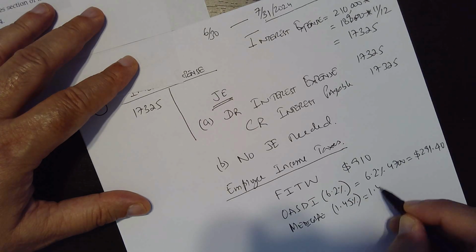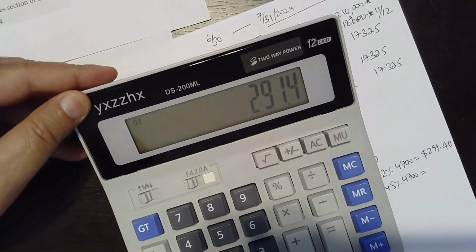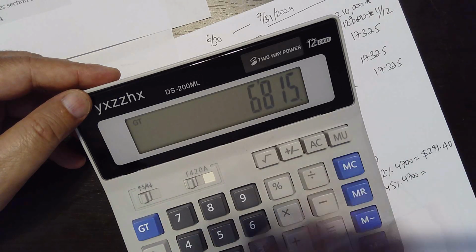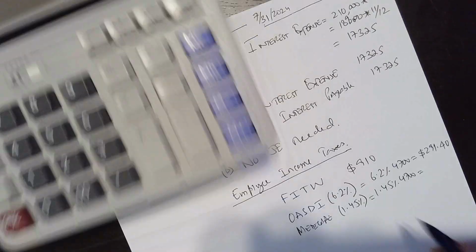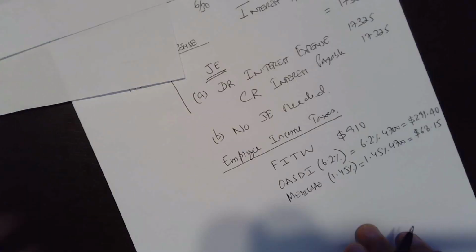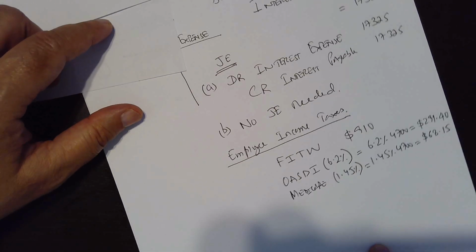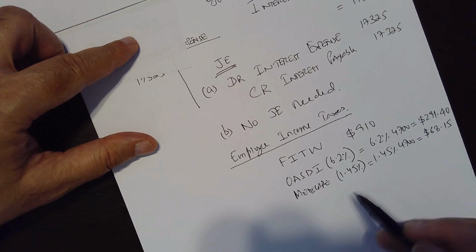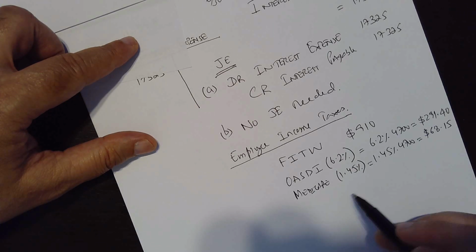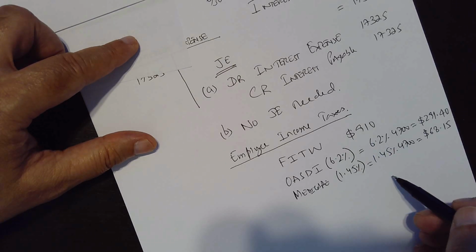So that would be 1.45% of 4,700, which equals $68.15. So these are the three taxes that we need to calculate.